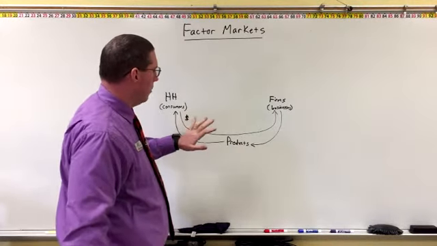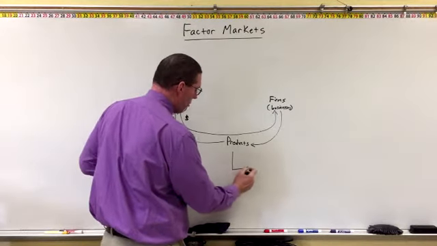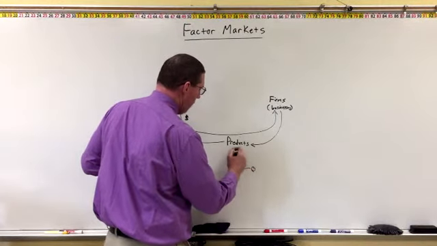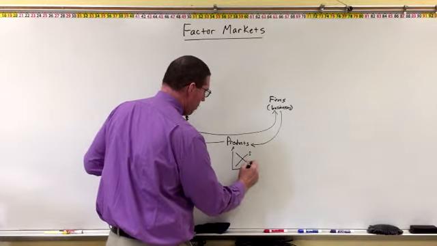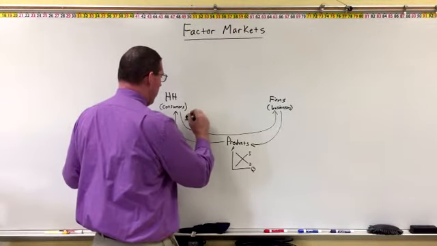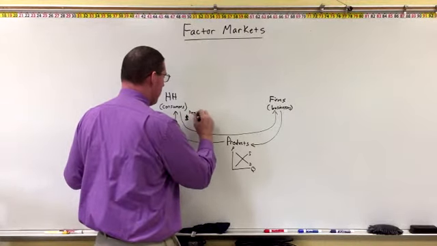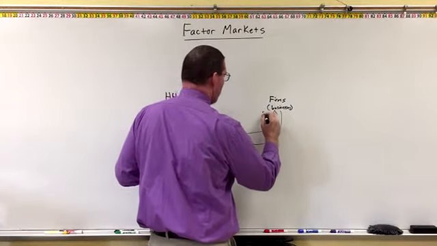to buy the products in a market. And that's why we wind up with a supply and a demand curve for product markets. We have product supply and product demand. Consumers in the product market are generally demanders, and firms are suppliers.